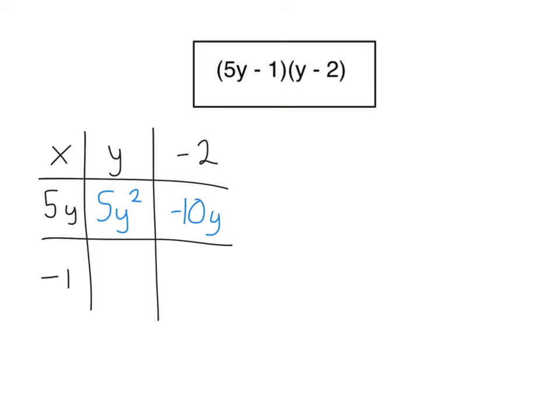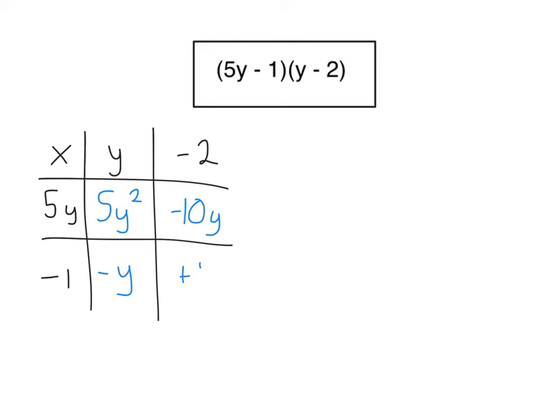So think of that in stages. Negative 1 times y. Well, 1 times y is y. Negative 1 times y is negative y. Negative 1 times negative 2, let's do the numbers first. 1 times 2 is 2. Negative times a negative is a positive.